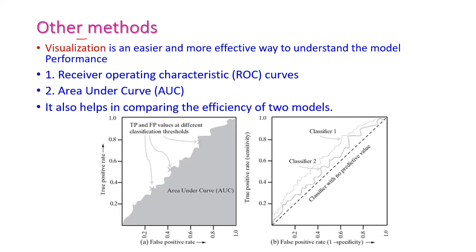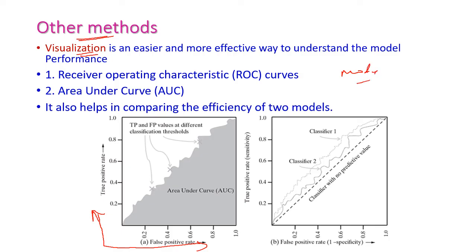Now let us see some of the other methods to evaluate the performance of supervised learning methodology, right? The first one is visualization. Visualization is nothing but plotting the given data into a graph. By seeing the graph, we can easily understand the performance of the model.